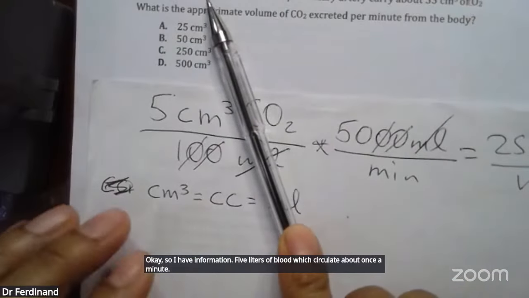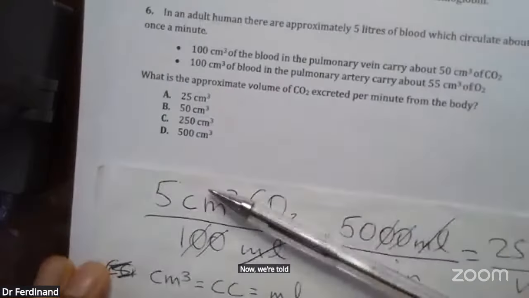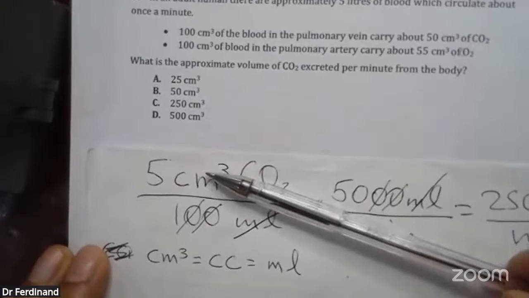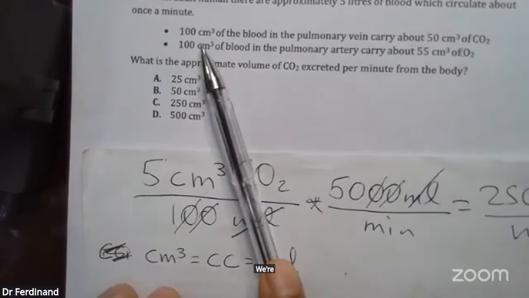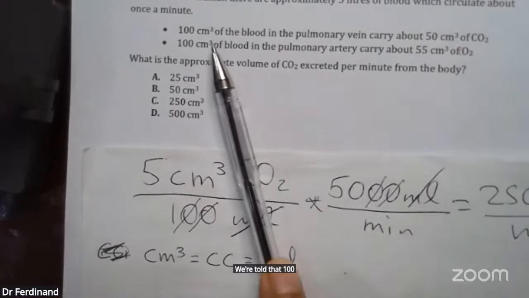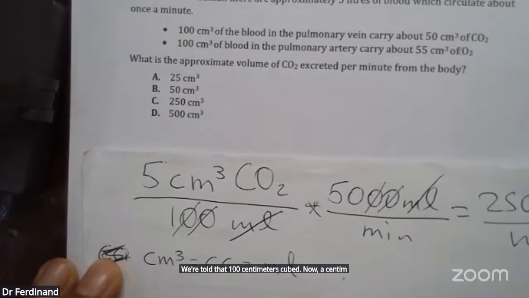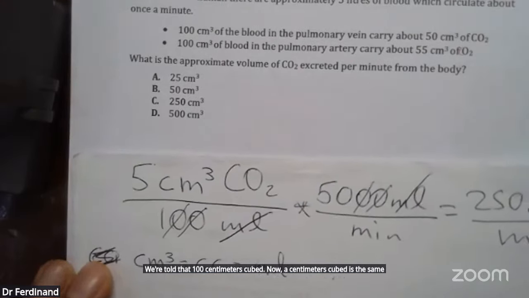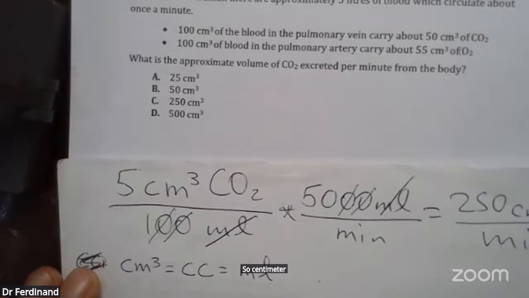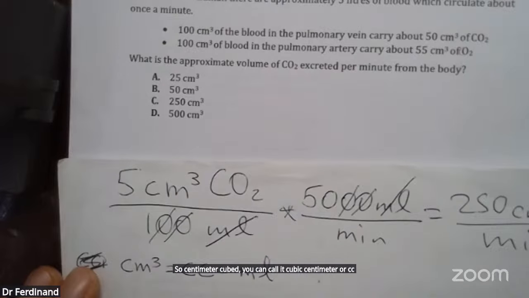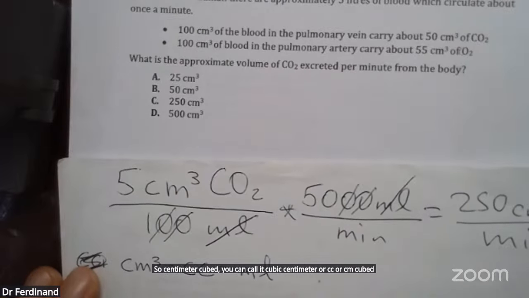Now, we're told that 100 centimeters cubed. Now, a centimeter cubed is the same thing as a milliliter. So centimeter cubed, you can call it cubic centimeter or cc or cm cubed, or you can say milliliter.